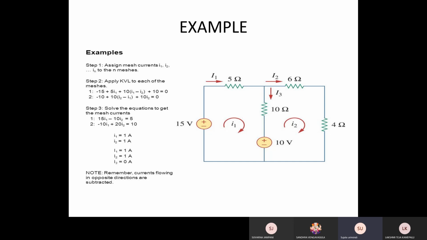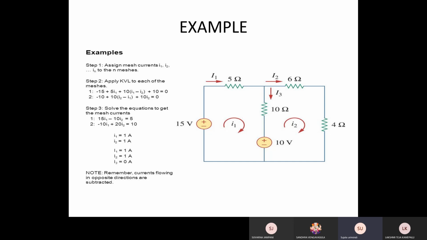In the second loop, the 4 ohms and 6 ohms come into the second loop. But the 10 ohms depends upon both I1 and I2 currents.